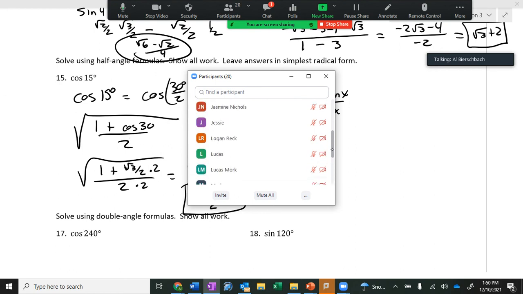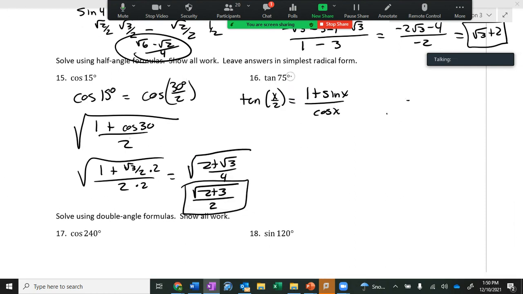Anybody got your note card? Anybody? Noonan? I think it's sine over 1 plus cosine. One of them is sine over 1 plus cosine. So is it 1 minus? The other one is 1 minus cosine over sine. There we go. That's the one I was looking for. 1 minus cosine of x over sine. You're a lifesaver. All right.